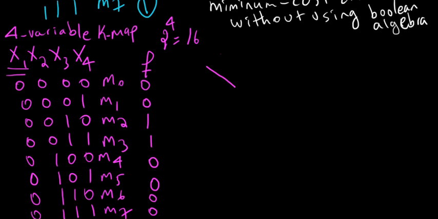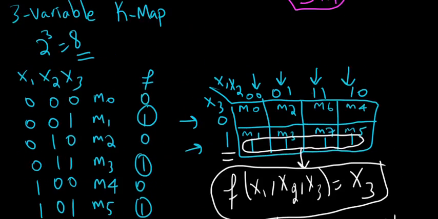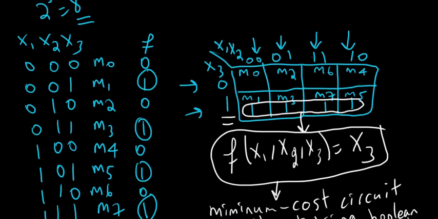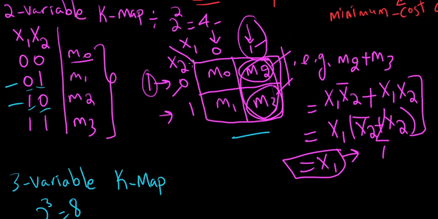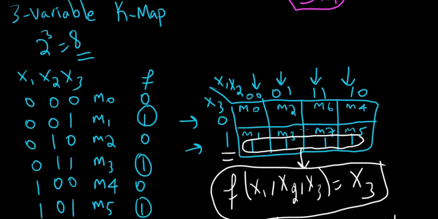Now, just to refresh your memory, for the 2-variable KMAP, x1 and x2 were the only inputs we had, so 4 cells for 4 different combinations, and then we doubled that into 8 cells for 3 variables x1, x2, x3. Now what would obviously make sense is you need an x4 here and double this.